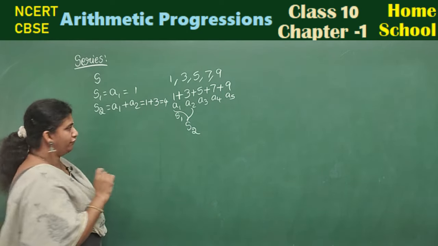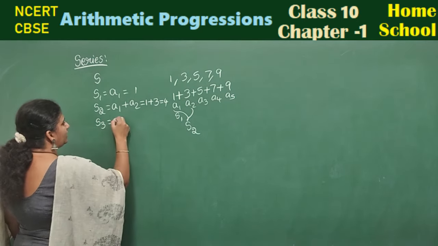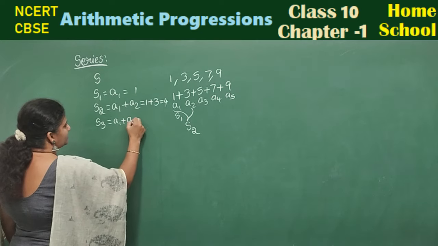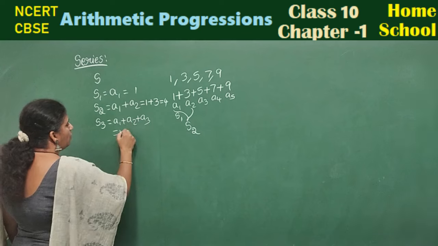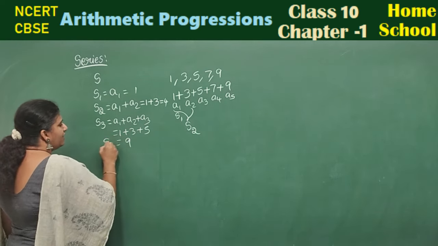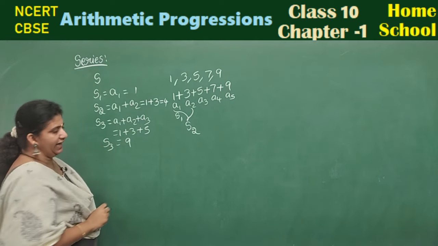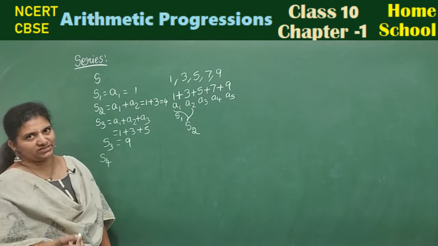S2 value is 4. Similarly, S3, sum of 3 terms: A1 plus A2 plus A3, that is 1 plus 3 plus 5 will be 9. S3 is equal to 9. In the same manner, you can continue S4, S5.